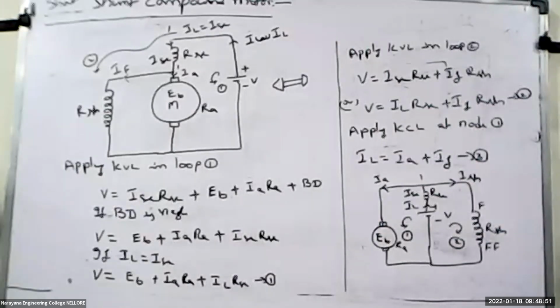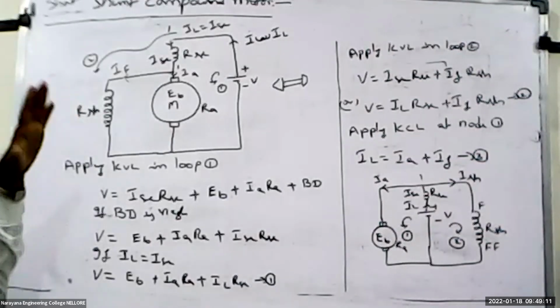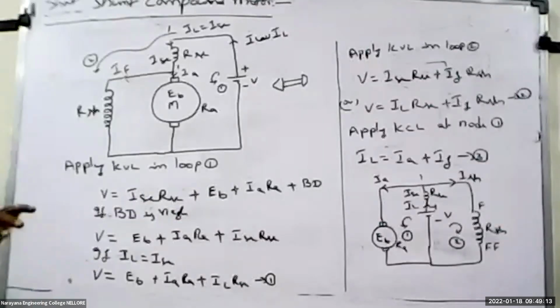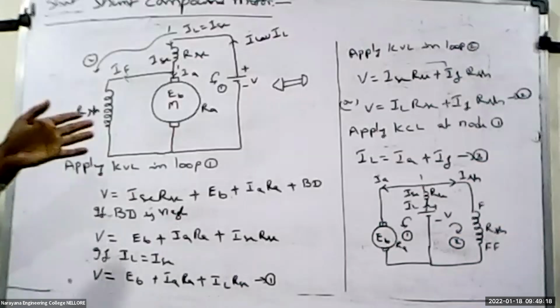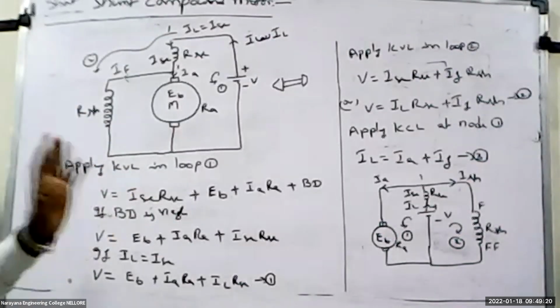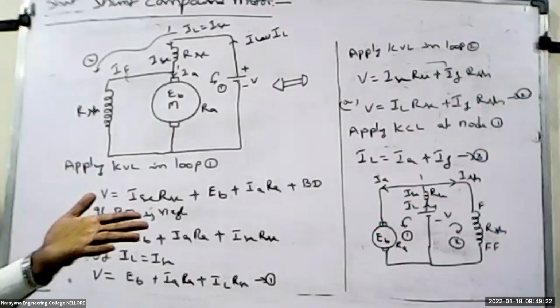Today I had to explain the short shunt compound motor as well as the long shunt compound motor and shunt motor. If you want to go for shunt generator or compound generator, the equations are the same with small modifications.